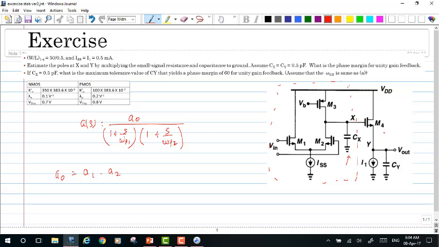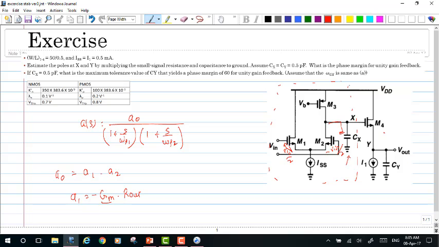In general, the gain of the first stage could be represented as the product of the capital GM times the R out. Let us compute the value of GM for this circuit. When we short this particular node to ground and apply a small signal input Vin, since the circuit is symmetric, we will have Vin by 2 and minus Vin by 2 across the gate and source of M1 and M2.